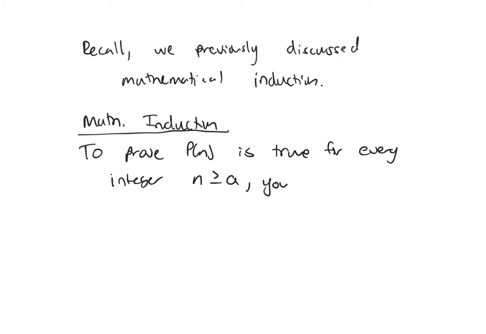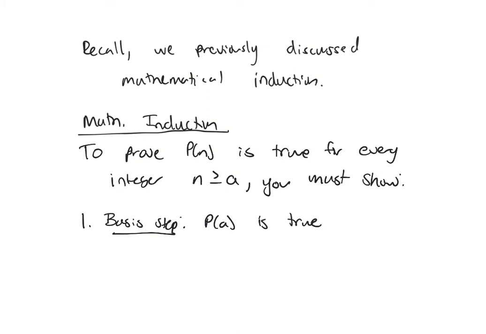Remember that there's two parts. So the first part is the basis step, which is that your formula or your statement P(a) is true. So your statement or your formula is true for an initial value.